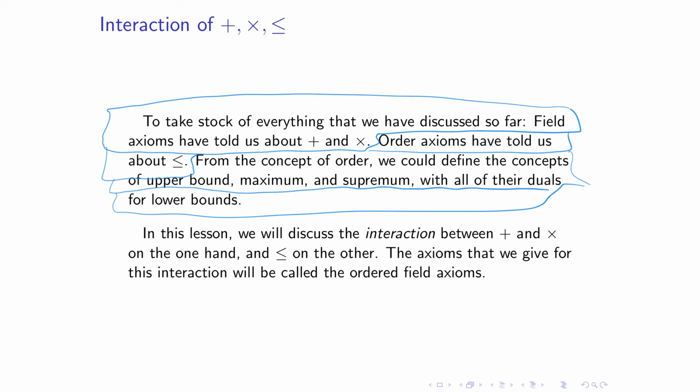But we still don't have a sense of how plus and times interact with the less than or equal to symbol. And so that's what the concept of an ordered field is all about, is putting all of these things together and then giving a couple axioms of interaction, so to speak.